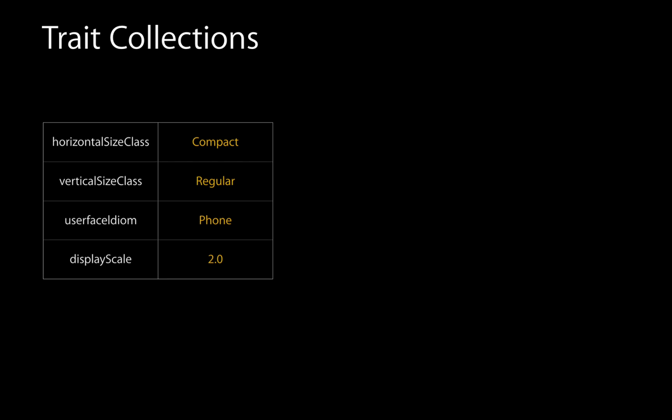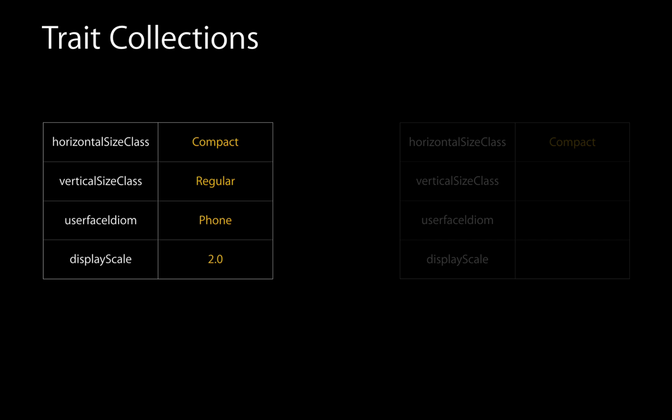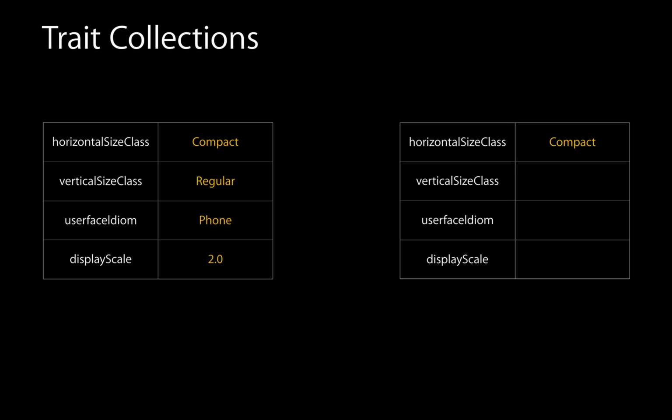Now let's take a look at a typical trait collection. This trait collection is one you might see on an iPhone in Portrait. We have a compact horizontal size class, a regular vertical size class, the idiom of phone, and a display scale of 2. We call this a fully specified trait collection because it has values for all of its trait properties. Now, it's also possible to have a trait collection that's missing some of its values.